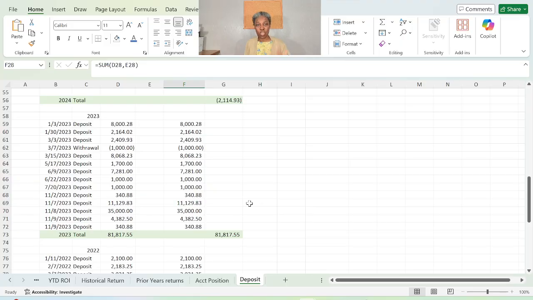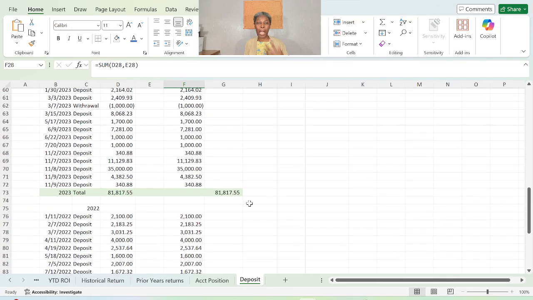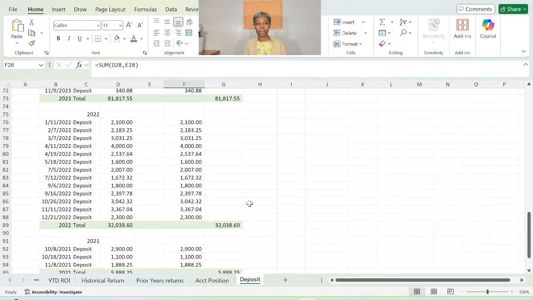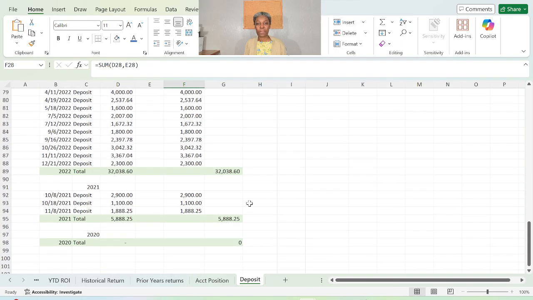It took years to be able to accumulate that much in the account. There is just an example of how we are able to build that much. So just start small, and before you know it, your account will just start accumulating.